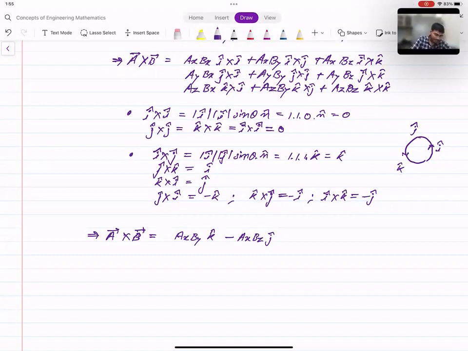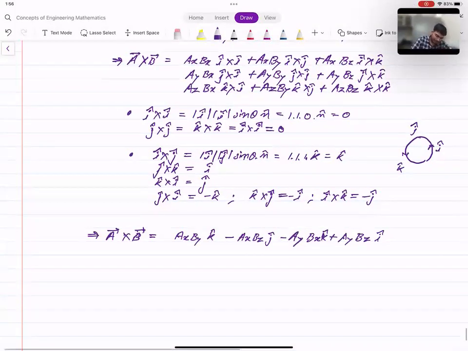Similarly, j cross i is minus k, so minus of ay bx. Then we have j cross j, which will be 0. Then j cross k is plus i, so plus of ay bz. This was j cross i, so k minus we have considered, and j cross k is i.